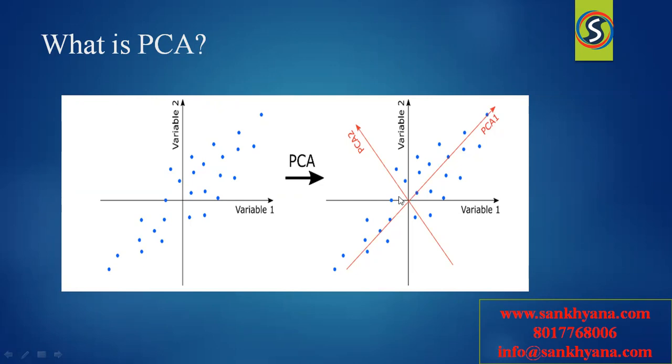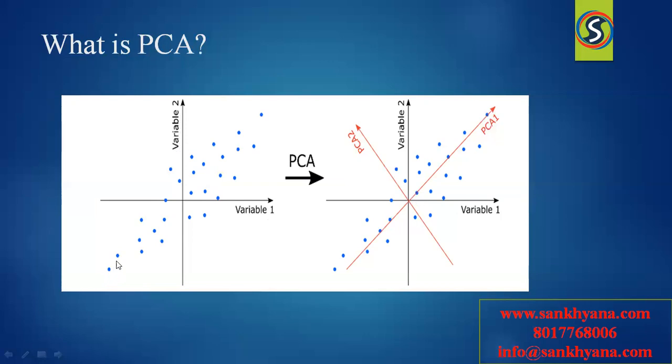In the principal component analysis, we can convert the correlated data into the non-correlated data. See here, I have taken variable 1 on the x-axis and variable 2 on the y-axis. You can assume variable 1 anything, or variable 2 also anything. Just by using variable 1 and variable 2, I have taken the data points.